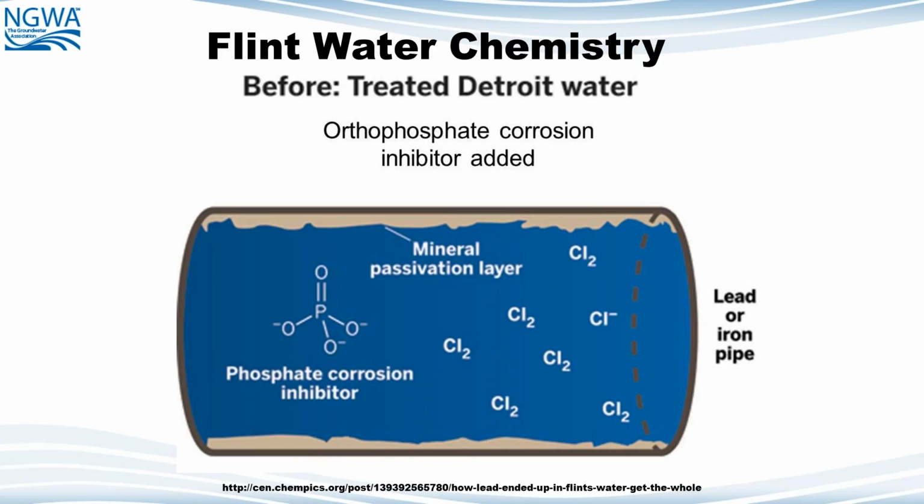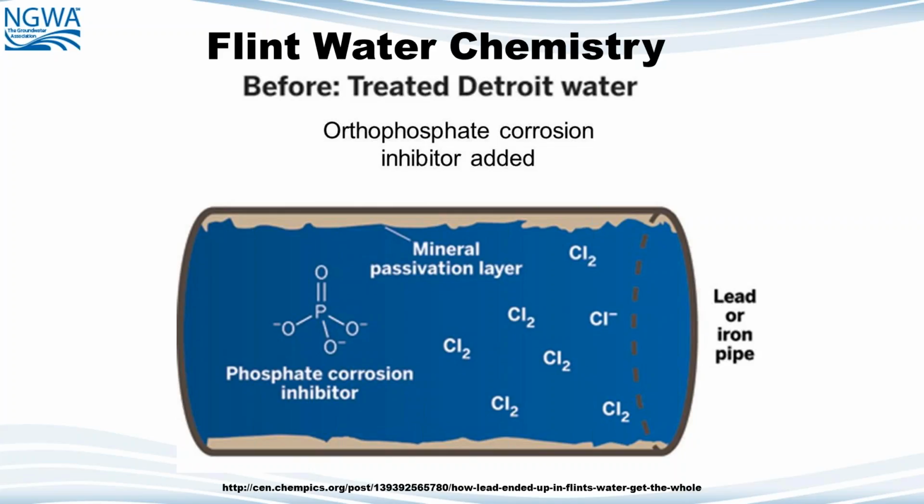This is a chemical added to the drinking water, and it tends to coat the inside of the pipe and create a layer that is relatively strong in its ability to keep anything from leaching or flowing through the layer and reacting with the pipe. So it basically insulates. It's a chemical insulation of the piping material. It's called a passivation layer.